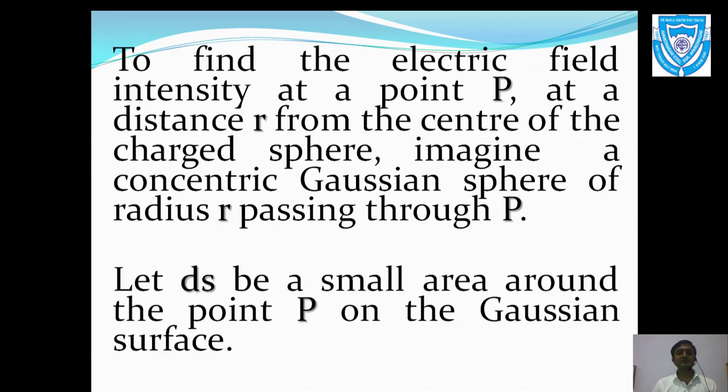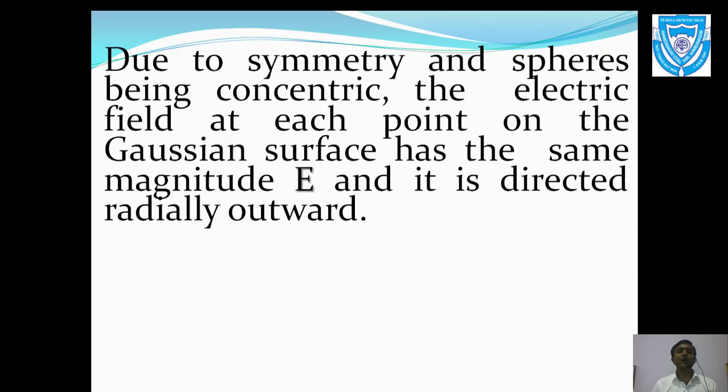Let ds be a small area around point P on the Gaussian surface. Due to symmetry and the spheres being concentric, the electric field at each point on the Gaussian surface has the same magnitude E and it is directed radially outward.